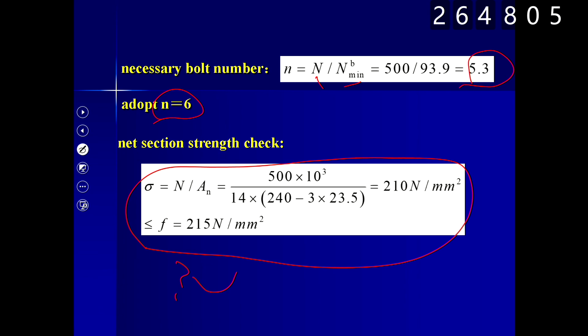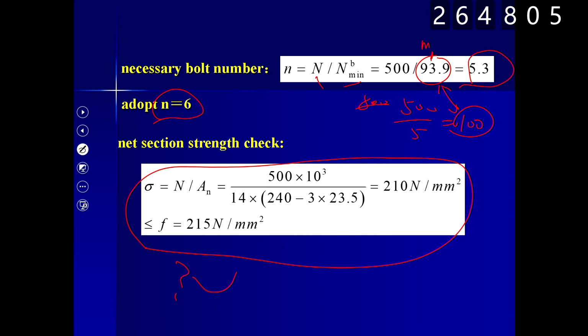Since 5 is dangerous, if 500 over the 5, right? It will get 100 value, right? Compare this data. This is the maximum data. If you choose 5, it will be bigger than this data.